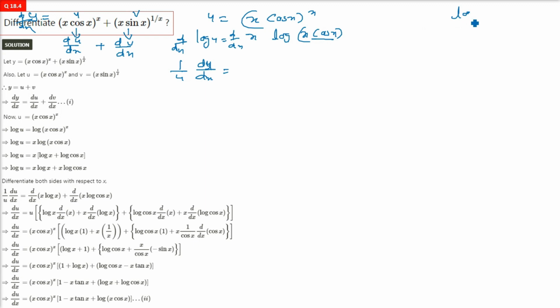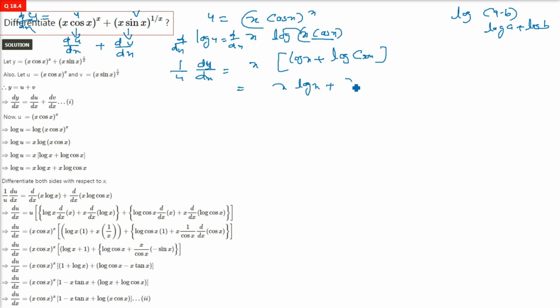So when you have log a into b, you can add them, log a plus log b. So this is going to be log x plus log cos x. So let us multiply this. X into log x plus x into log cos x.